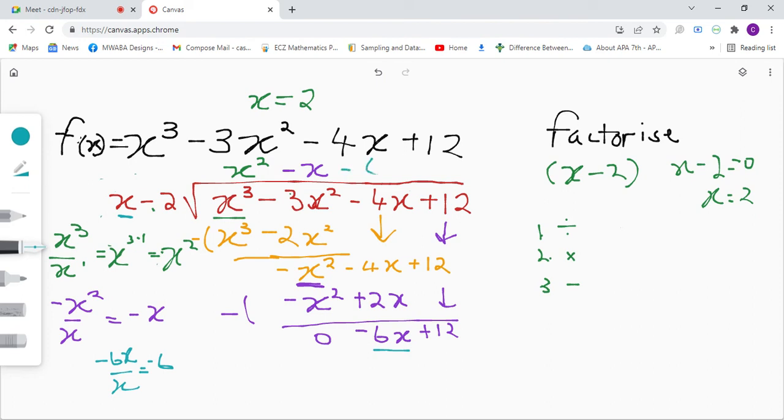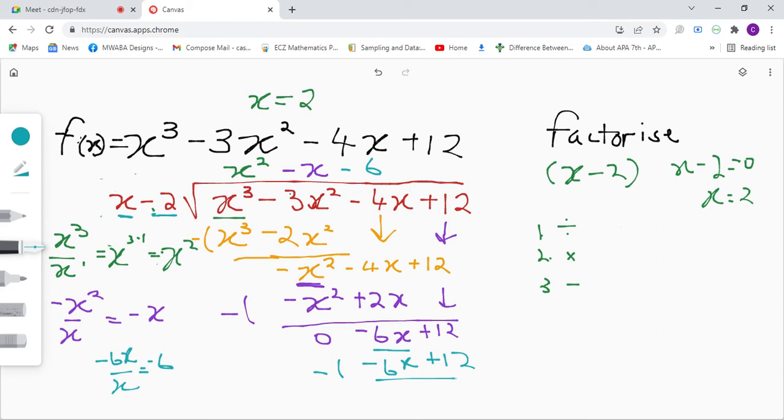So this negative 6, we're going to write it here. Negative 6 times x, that's negative 6x. Negative 6 times negative 2, that's positive 12. So we've multiplied, we subtract now.